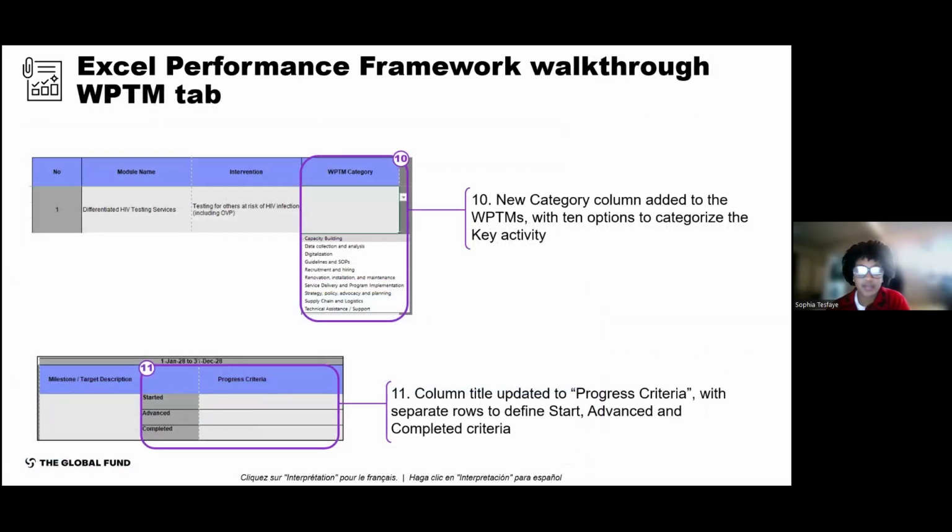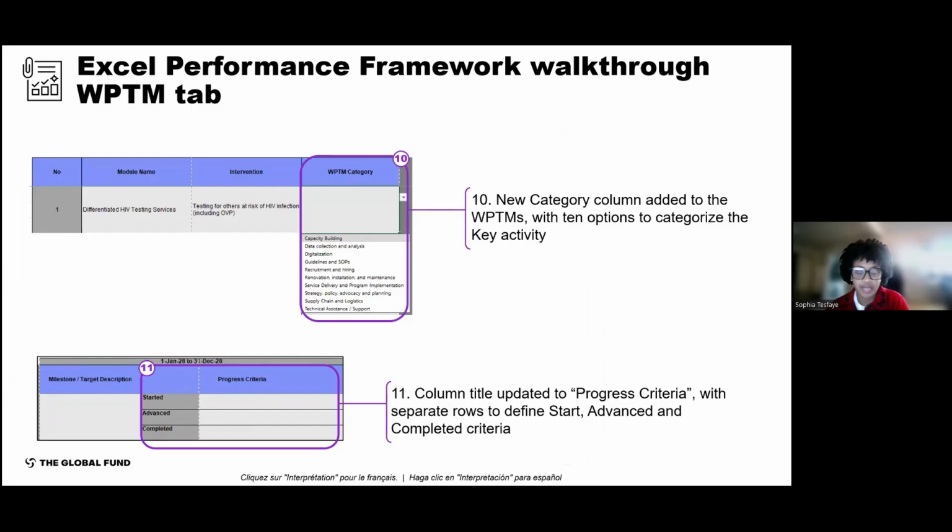The work plan tracking measures tab. We've added in a work plan tracking measure category to the work plan tracking measures, again, to help with categorizing the WPTMs and the key activities. This category was included in the C19RM performance frameworks, and so we've included it into the GC8 PF as well.